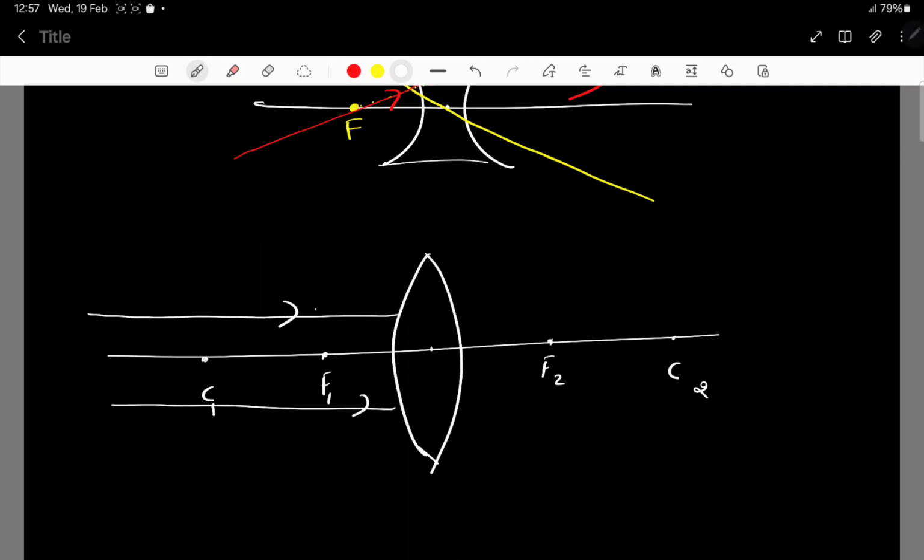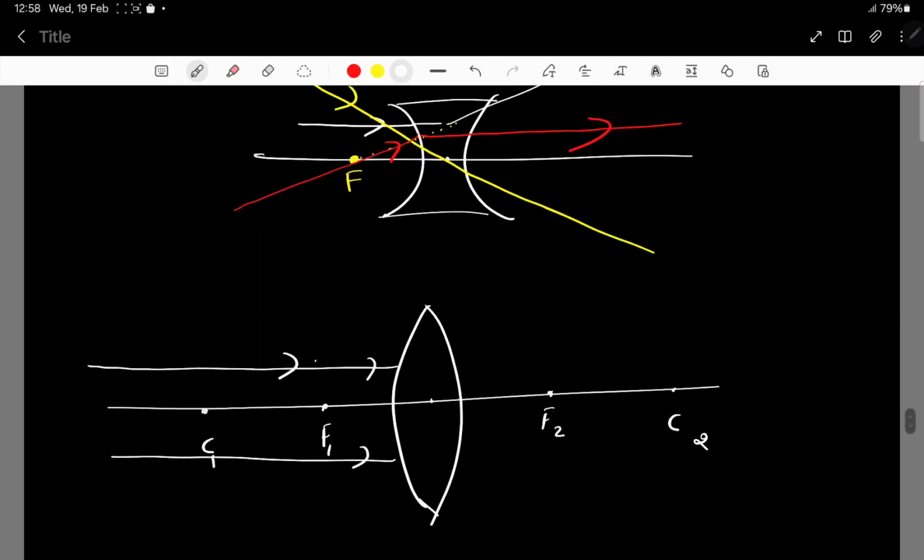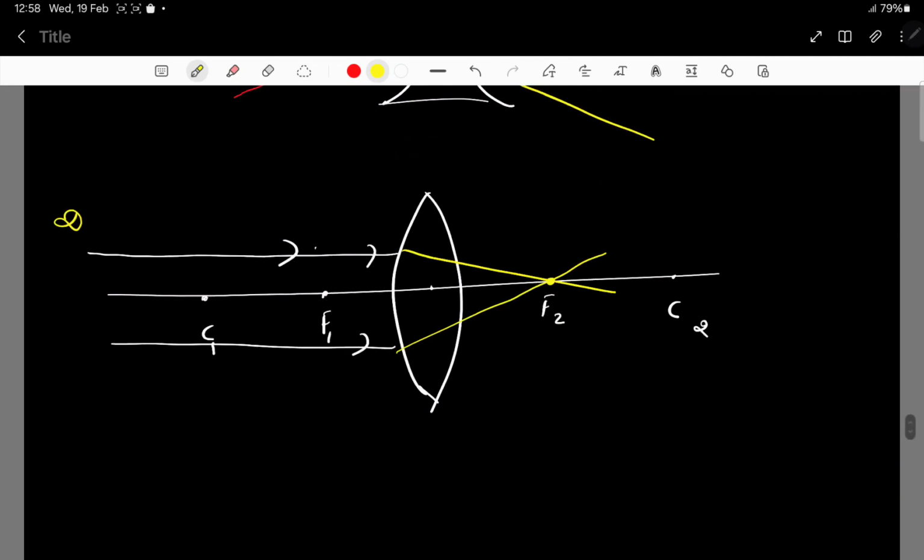These two parallel light rays, after getting refracted, will simply pass through the focal point. So that's where the images of these objects will be produced. If the object is located at infinity, its image is going to be formed exactly at the focal point.